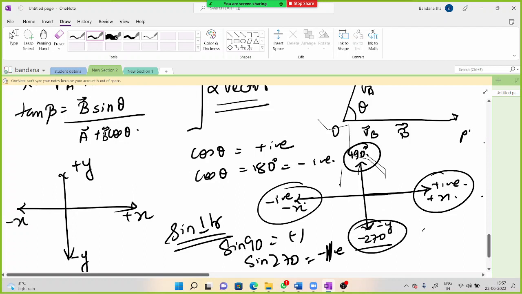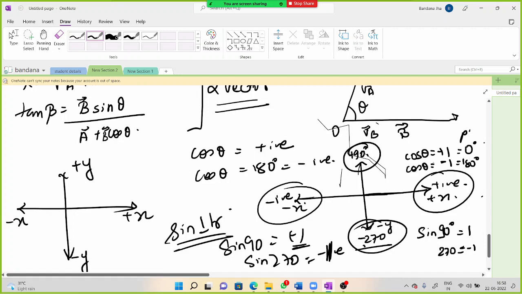Because sine becomes plus 1 when the theta angle is 90 degree. So minus 1 will come when it is opposite in direction, opposite means 270. Cos theta will be positive 1 when theta is 0 degree, so the opposite is minus 1 when it is 180 degree. Now you get the point?